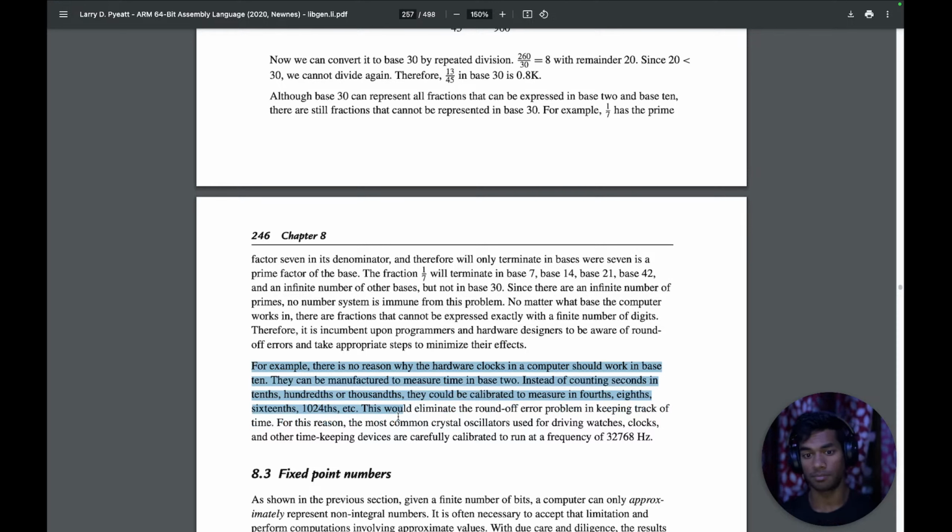For this reason, the most common crystal clock oscillators used for driving watches, clocks, and other timekeeping devices are carefully calibrated to run at a frequency of this, which is 2 raised to the power of something big.